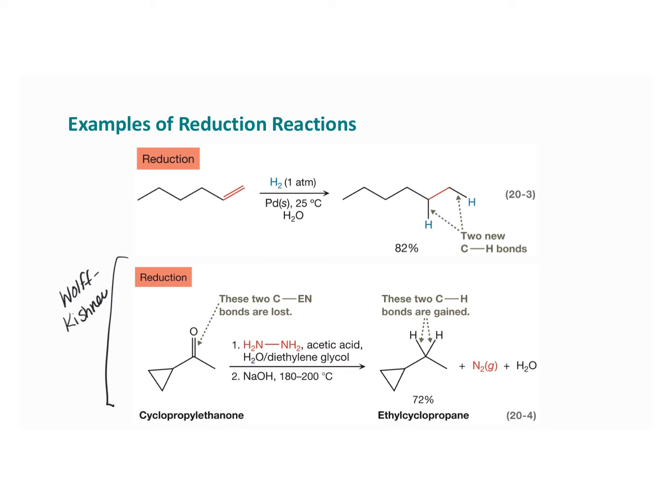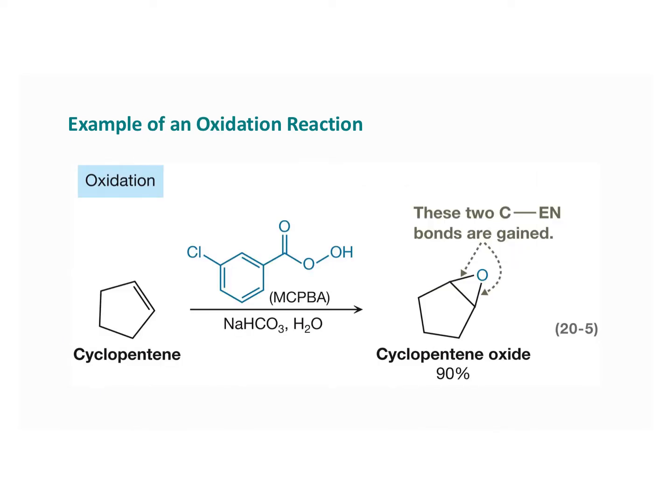Now, we've seen some examples of reductions, and so I bet the burning question in your heart is, are there examples of oxidation reactions? And yes, that would be correct. An example of an oxidation reaction is epoxidation. Now, I do want to back up and say, we know if there's a reduction happening, there has to be an oxidation. So in organic chemistry, what generally happens is people are looking at what happens to the molecule with the functional group.